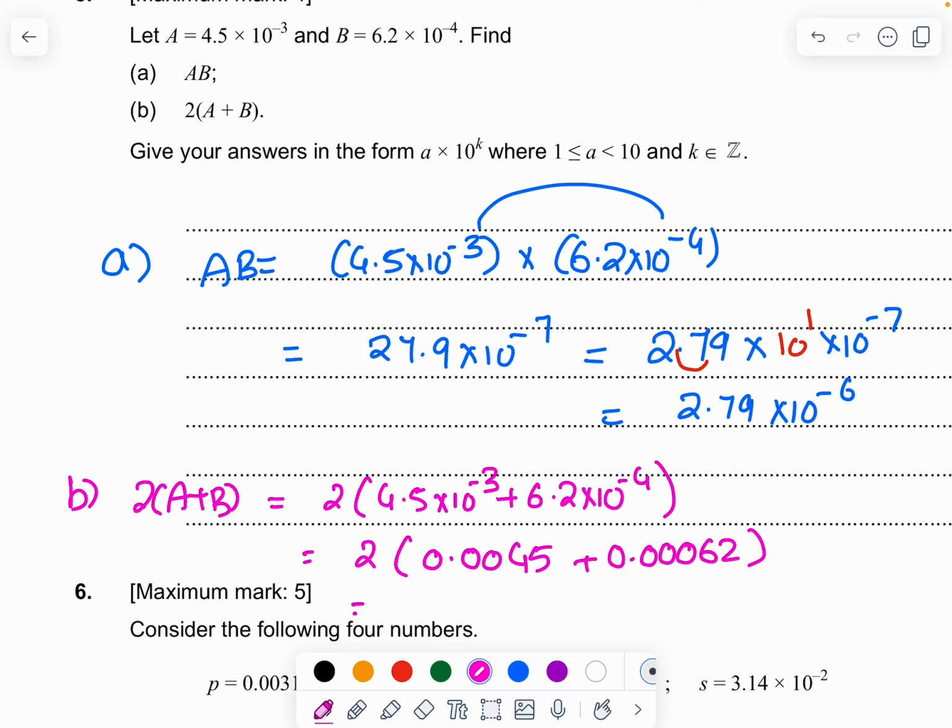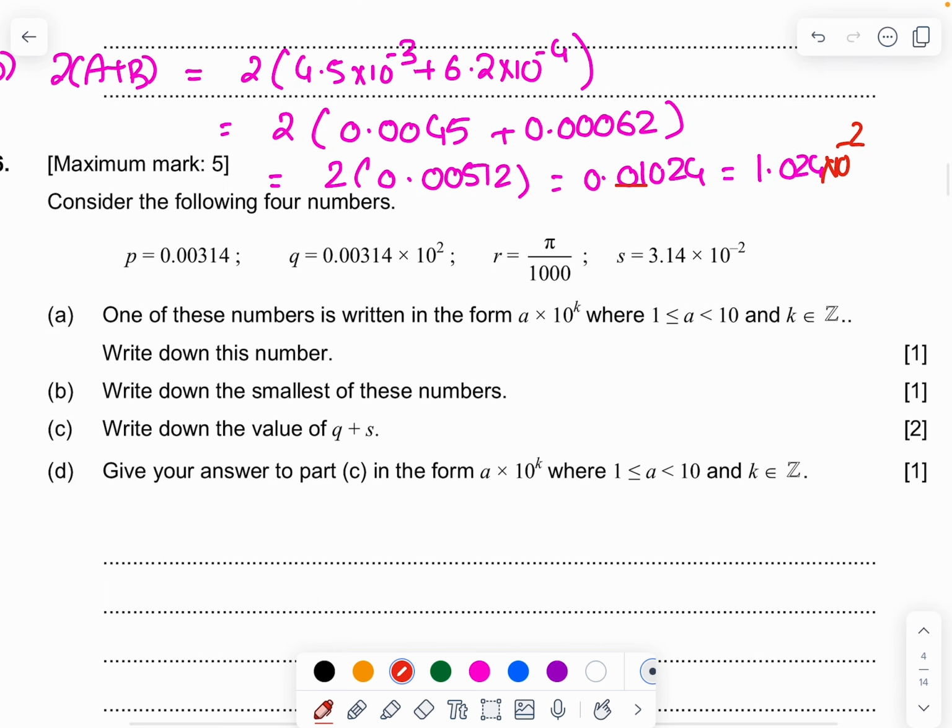When I add that, 0.0045 plus 0.00062 gives me 0.00512, and I multiply by 2, so I should be getting 0.01024. But I should write in standard form, 1.024. How many digits should it go back to become the standard one? 1, 2. So times 10 power negative 2.